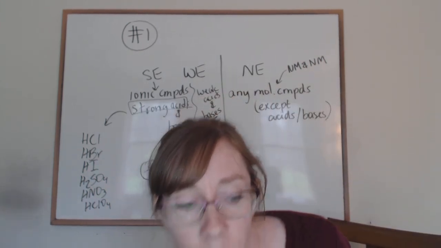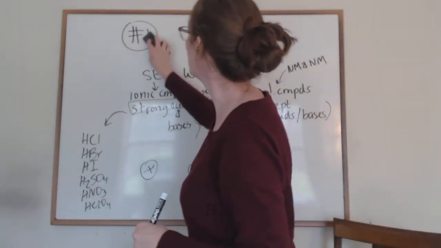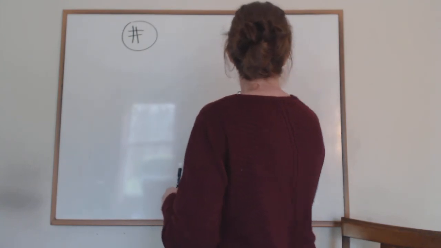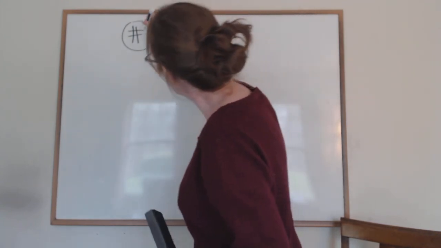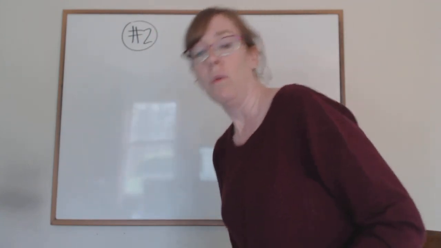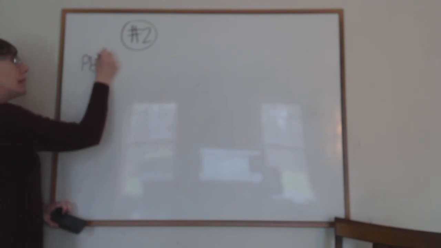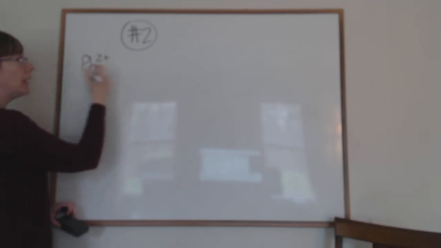All right, moving on to question number 2. Will a precipitate form when aqueous lead 2 nitrate and sodium sulfide are mixed? Lead 2 means it's the 2+ form of lead.